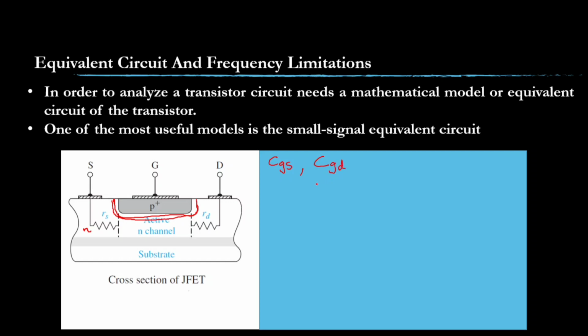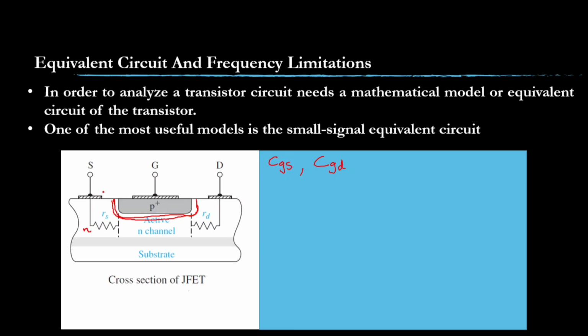We know that when there is a reverse bias across a PN junction, there will be a diffusion of charge carriers, which leads to some current through that junction. This diffusion does not take place for infinite time, only for a small time duration, and because of that there is a small resistance which we call diffusion resistance.